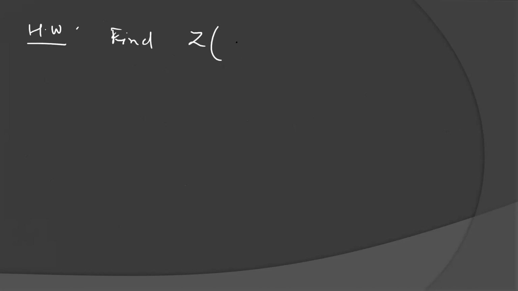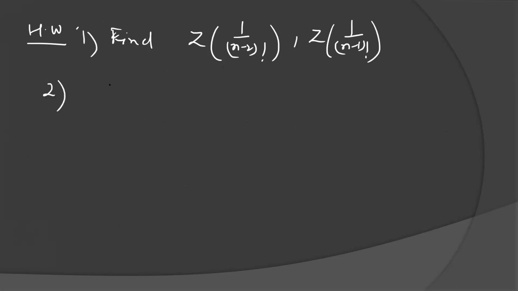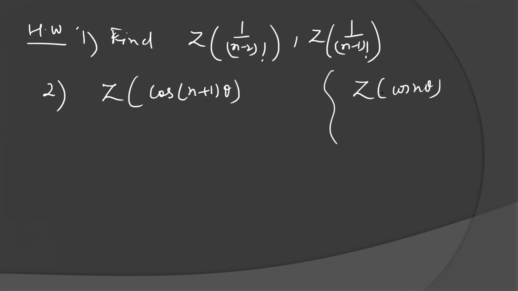Find the z-transformation of 1 over (n minus 2) factorial, comma, the z-transformation of 1 over (n minus 1) factorial, using the right shifting theorem. Second, use the z-transformation of cos((n plus 1) theta). We know the z-transformation of cos(n theta). You use plus 1, yeah, it means k equal to 1. Use the left shifting theorem.